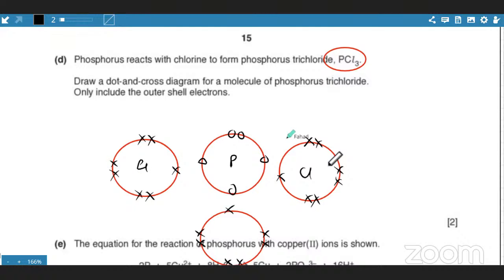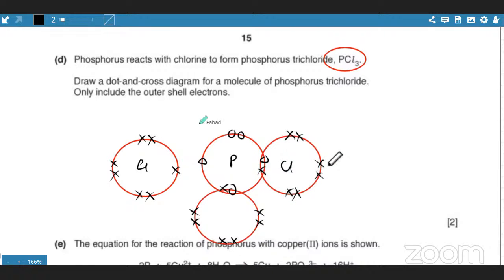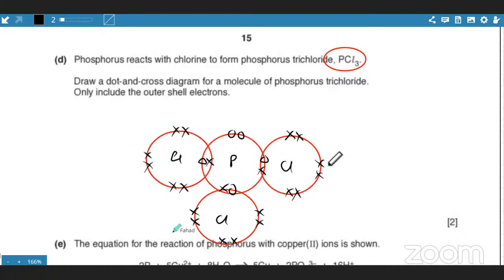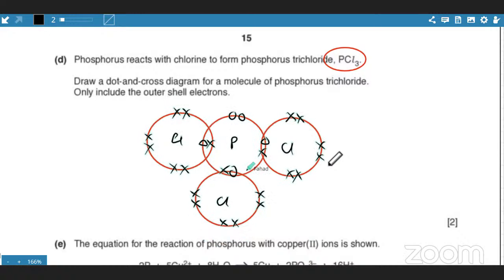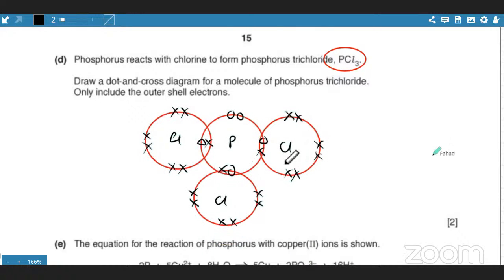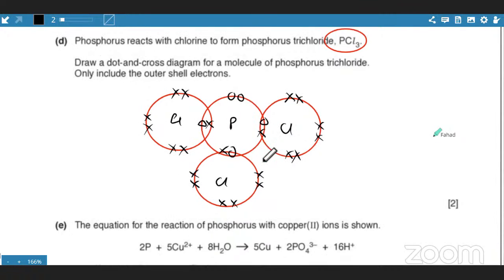Now, phosphorus is going to attract these electrons, and it's going to form 3 bonds with 3 of the Cls. So there's another covalent bond over here and a third one over here. Phosphorus needed 3 electrons. So you have your dot and cross diagram with phosphorus sharing 3 electrons, and chlorine bonding with it.